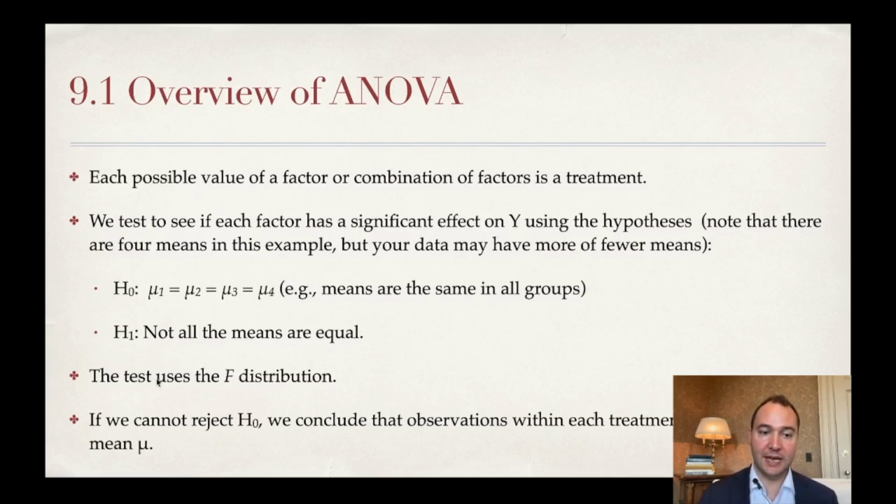So this test uses an F distribution, which we'll cover a little bit later in this video. If we cannot reject the null hypothesis, we conclude that the observations within each treatment have a common mean. In other words, if we have not enough evidence to show that any of the groups are different, we should assume that all the groups have the same mean.